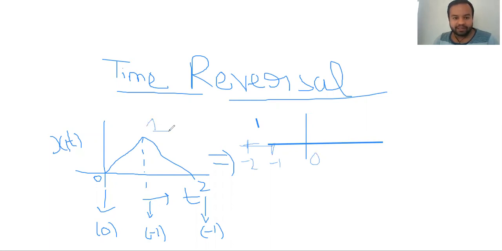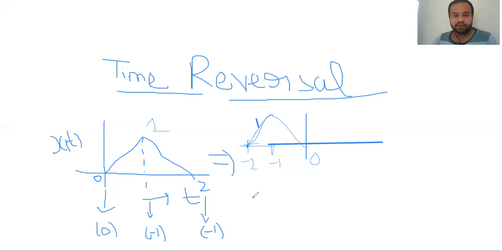This value of 2 will be shifted to minus 2, and that will be here, 0. The value of 1 will be shifted to minus 1, and that will be here. So it will go like this, a straight line, and the value at 0 will be here.